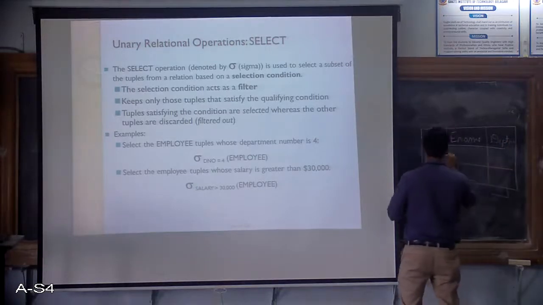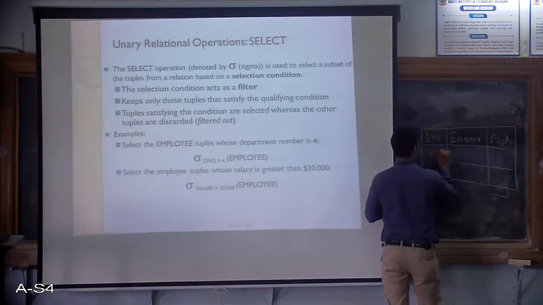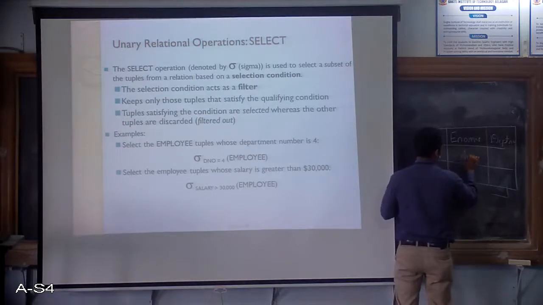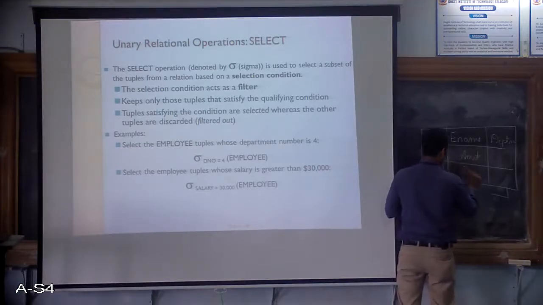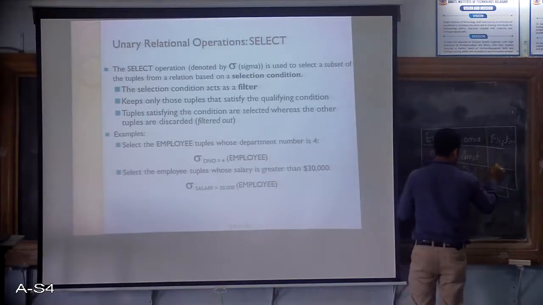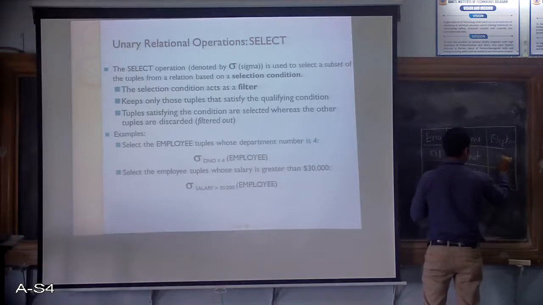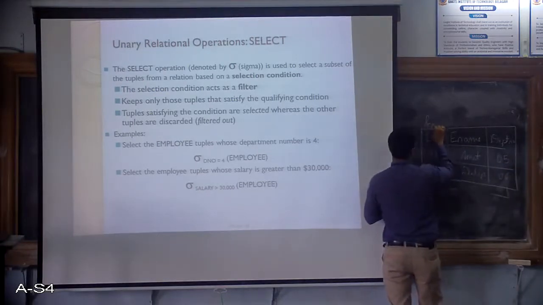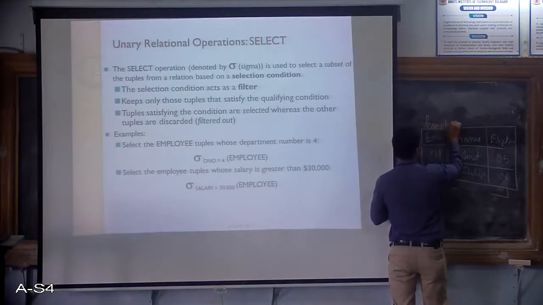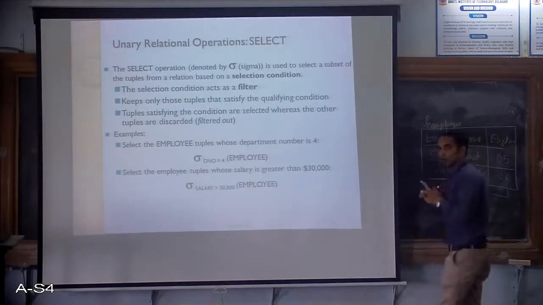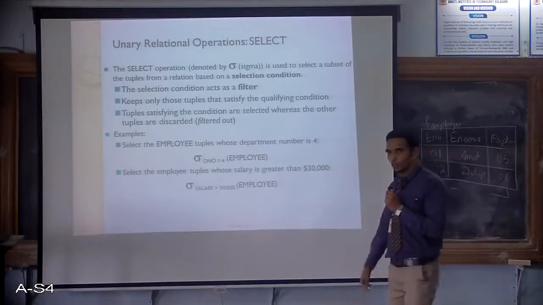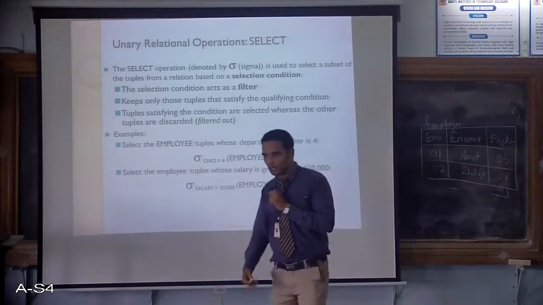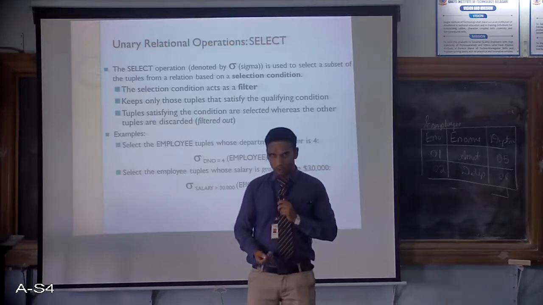Again, I'll just write employee number as 01, name Amit, department number as 5, department number as 6. Assume that this table name is employee, right? We'll work with SQL in hand so that you'll understand. Table name is employee. So in relational algebra, a table is called a relation.